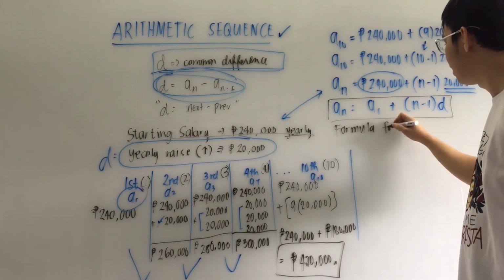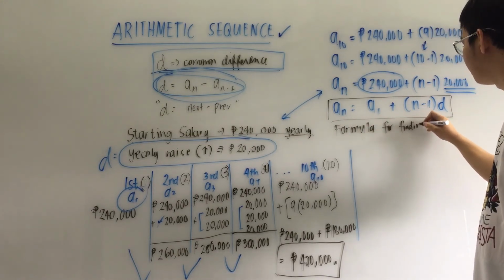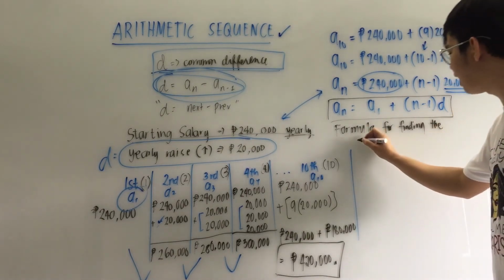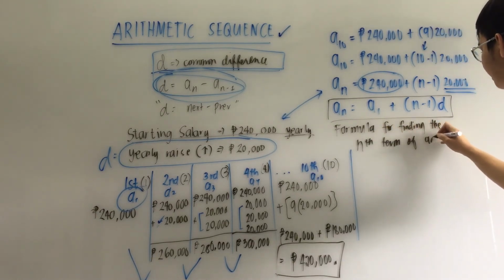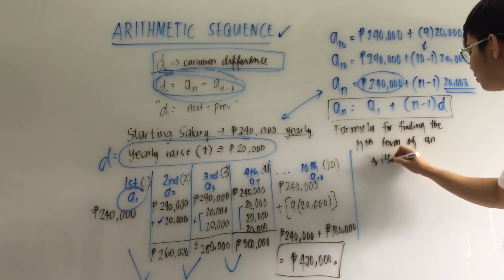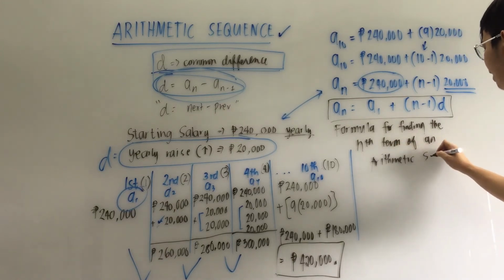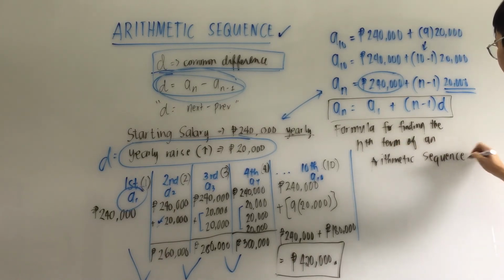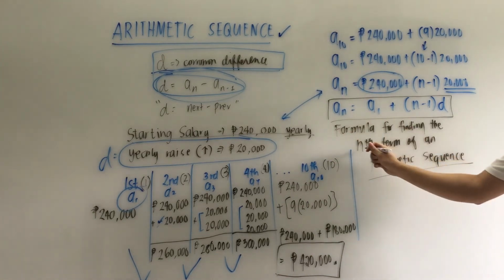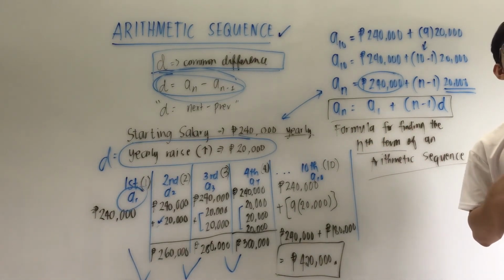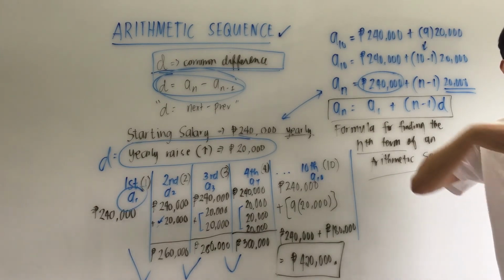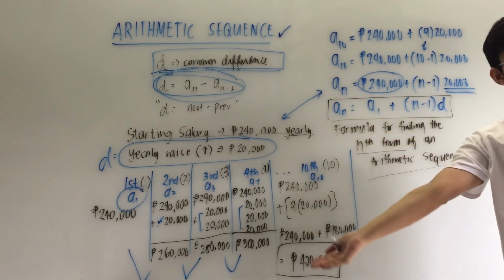And this is the formula, just write it. Formula for finding the nth term of an arithmetic sequence. Again, this is the formula for the nth term. When you say nth term, it's any term that ranges from 1 to positive infinity. Okay?